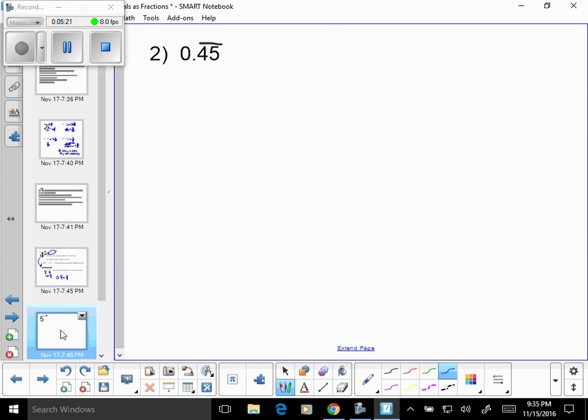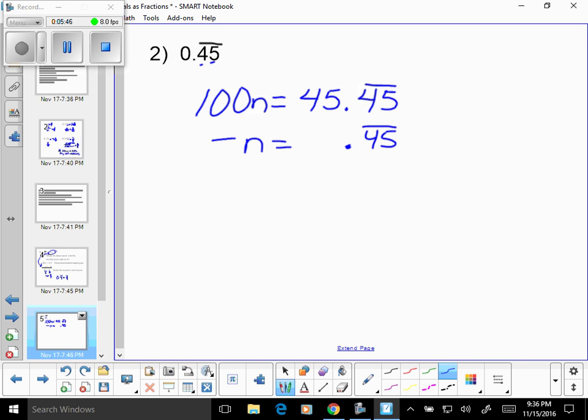Let's try another example. Notice that this time you've got tenths, hundredths. So what I do is say, all right, I'm going to start with 100n right away, and that's going to give me 45.45 repeating. Then I will let n equal that 0.45 repeating. It's kind of weird, but it's true. A 0.45 repeating minus a 0.45 repeating, that's going to become 0, so I'm left with 45.